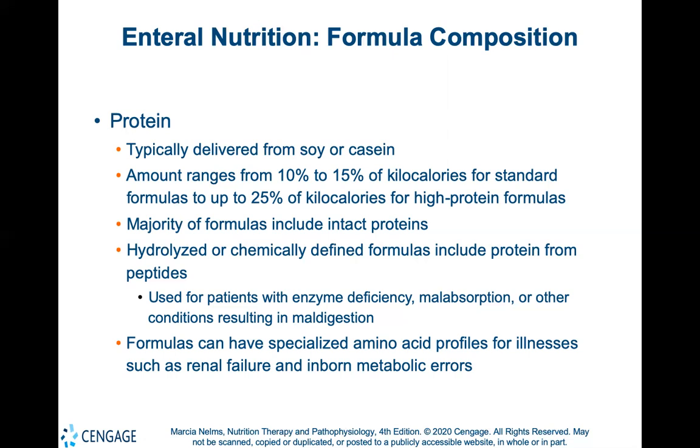Formulas with specialized amino acid profiles for renal failure, stress, and inborn errors of metabolism have been developed from crystalline amino acids. Some formulas are supplemented with additional amounts of specific amino acids, such as glutamine and arginine. The disadvantages of peptide and crystalline amino acid products include increased osmolarity and higher costs.